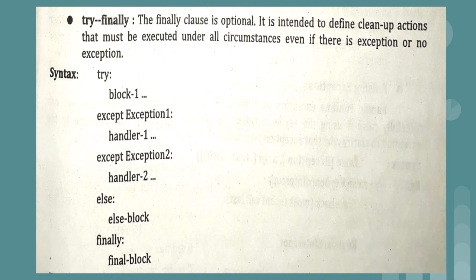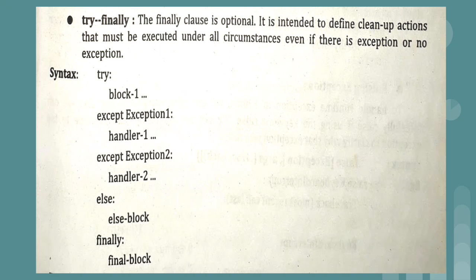Okay, you can have try with except, you can have try with else only, meaning except is not there. Similarly you can have try and finally block, so this is one more block. Whatever statement we write inside the finally block will get executed even though there is an exception.